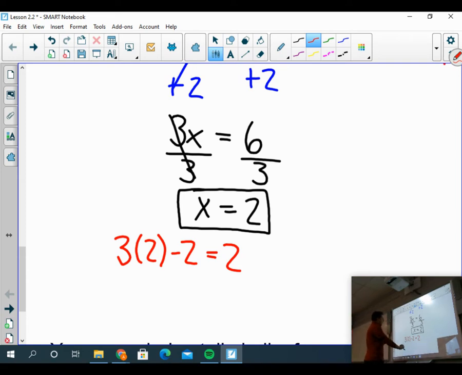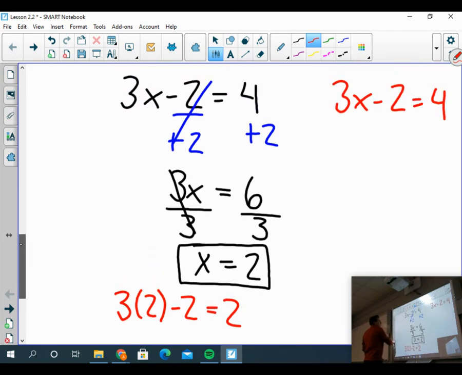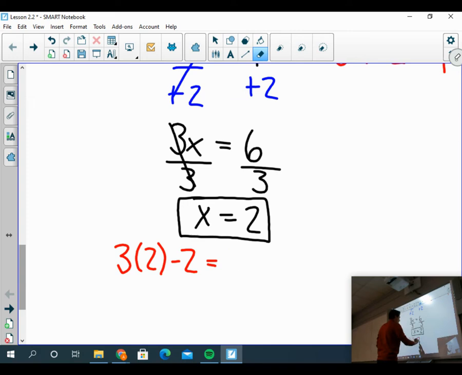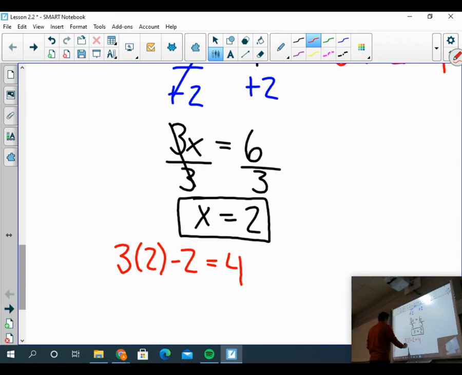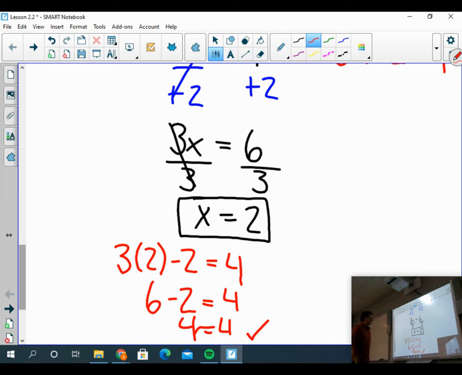So we can see that if we look at the original equation, 3x minus 2 equals 4. So I look at this, 3 times 2 is 6. 6 minus 2 is 4. And we have 4 equals 4. That is a true math statement.